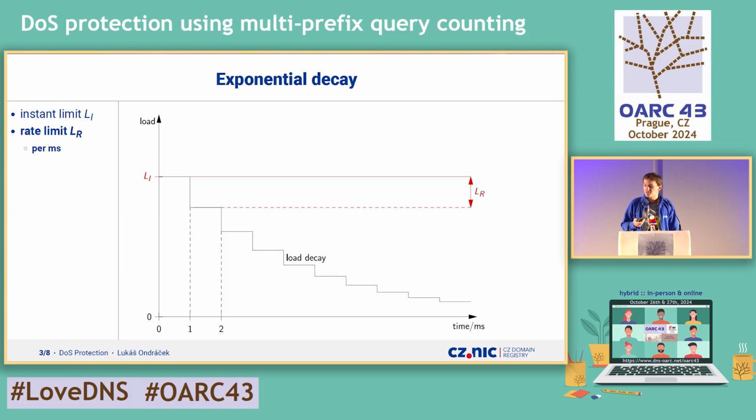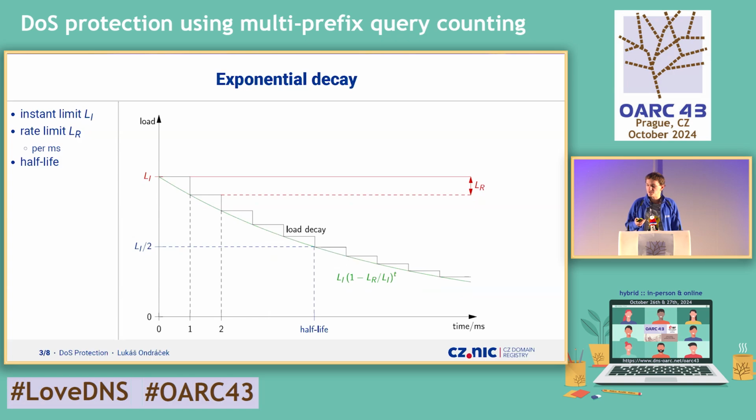It will look like this: a staircase-like line, and the height of the first stair is the rate limit. The ratio between the rate and instant limit gives us the half-life, which is the time in which the value of the counter is halved. So it may look this way.